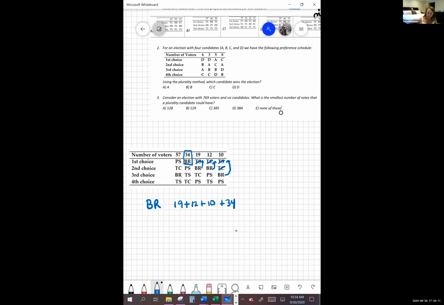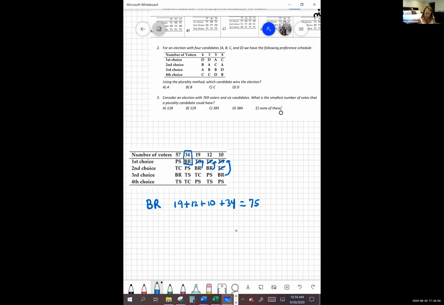And so we have 19 plus 12 plus 10 plus 34, which gives us 75. Okay, so I can subtract that from 134 because that's how many voters we had. I should get 67. I mean 57. Something's wrong. Let me just make sure I put this in right.